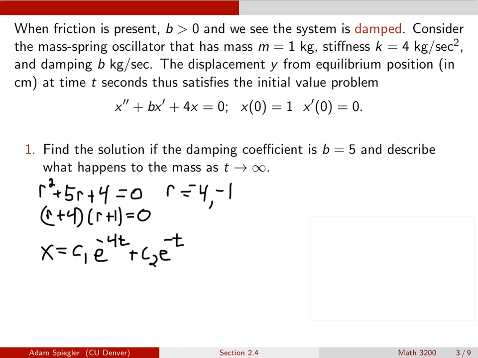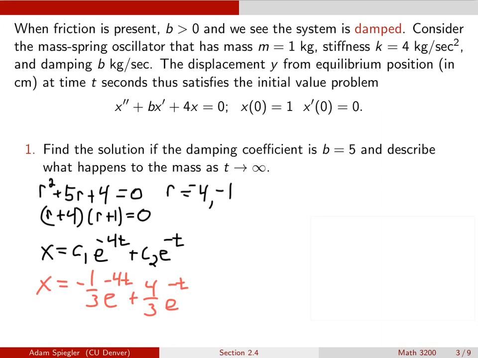I will skip that step for the moment, but what you should find, and you can check this, is that the coefficient in front of the e to the minus 4t is minus 1/3, and the other coefficient is positive 4/3. You could check that at time 0, this would put me at an x value of 1, and the derivative of this would indeed give me 0.